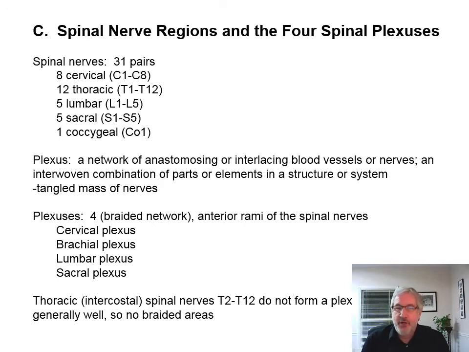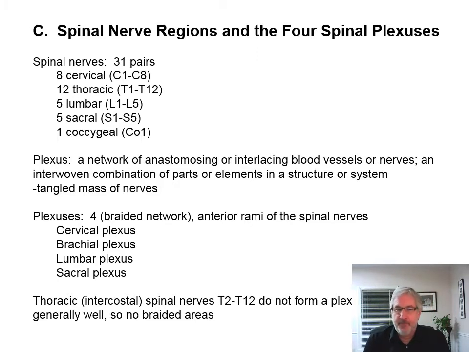They're interwoven, so these nerve fibers come out, and then they join. Then another nerve fiber may come together and join with it, and then it may split off again. So that's what anastomosing means: comes together and then splits off again. The plexuses are a braided network. These are all from the anterior or ventral rami of the spinal nerves, and you have 4 plexuses that we're going to talk about: cervical plexus, brachial plexus, lumbar plexus, and the sacral plexus.